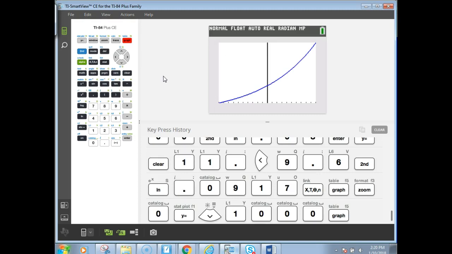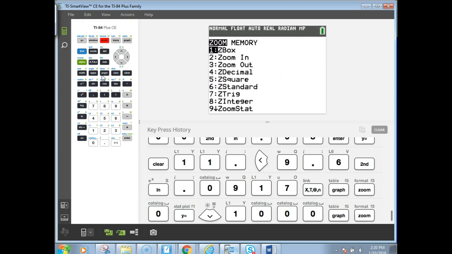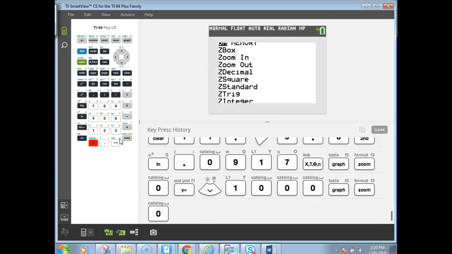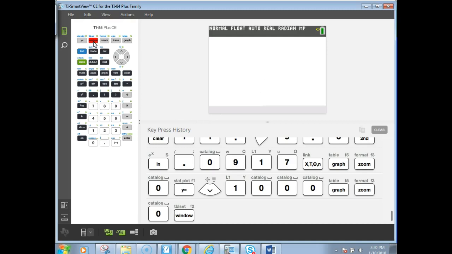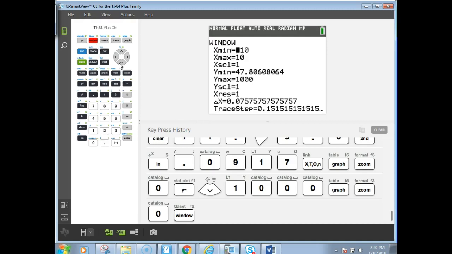Don't see it. So I'm going to need to try zoom fit again. And then I can tell at least this is way up there. It's not fitting for the horizontal line, so you're going to need to adjust your window.